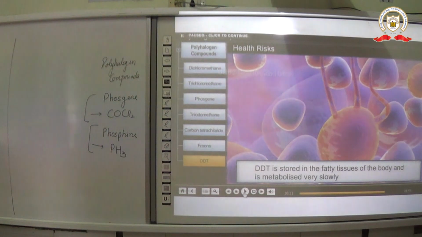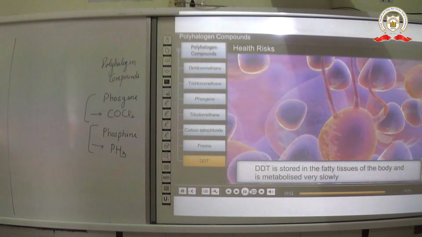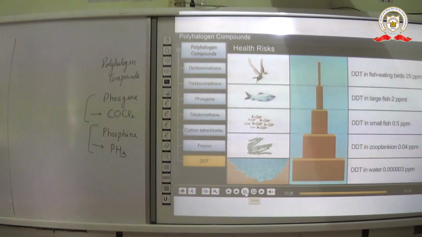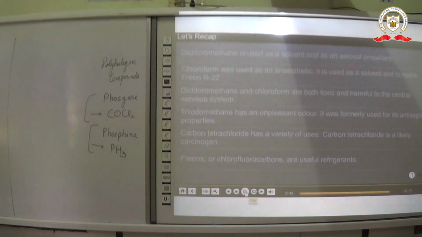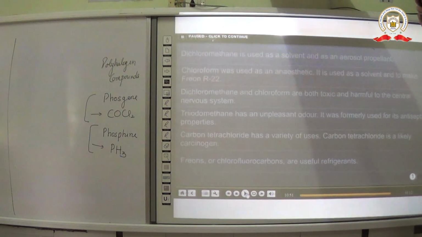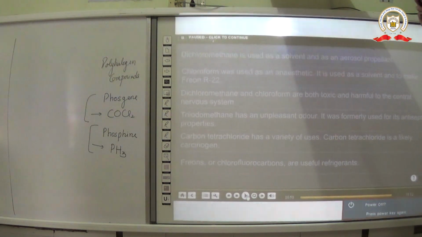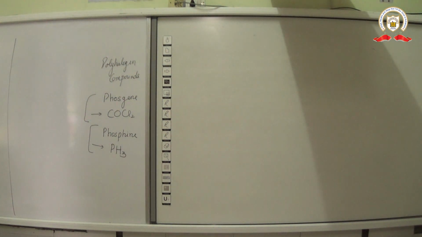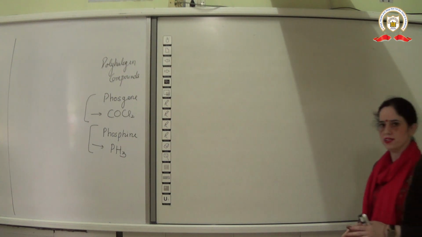So you must remember this line, and the structure of DDT is also very important. It is a very important part of this chapter, polyhalogen compounds, when we are dealing with the structure of DDT and DDT use. You must have dealt with this chapter in a very good manner. You must have completed all the questions simultaneously as we were doing together.